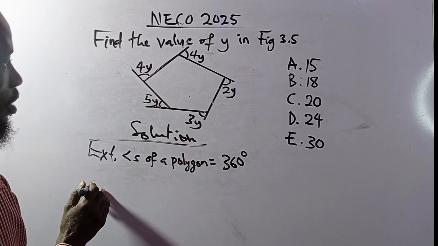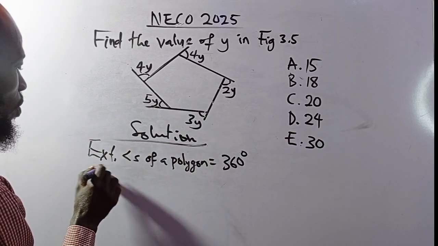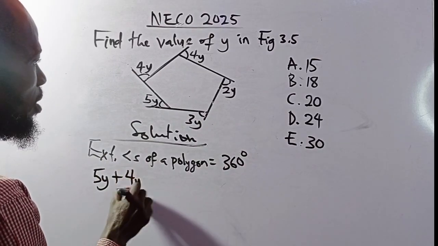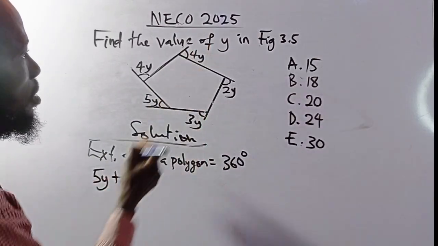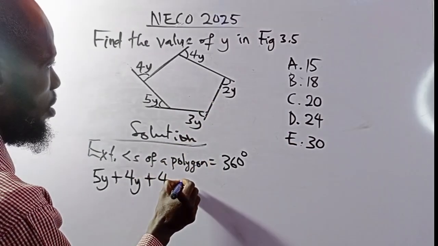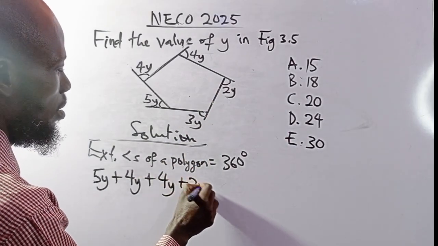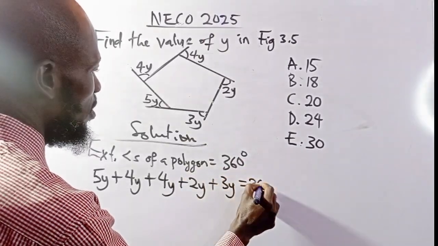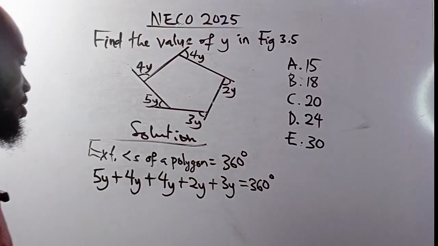Now let's add up the angles. We have 5y plus 4y plus 4y plus 2y plus 3y equals 360 degrees.